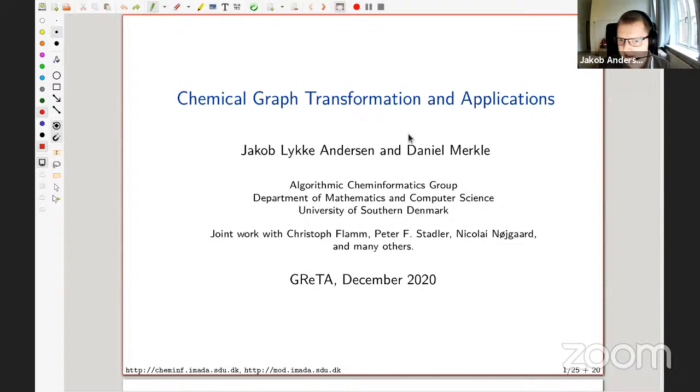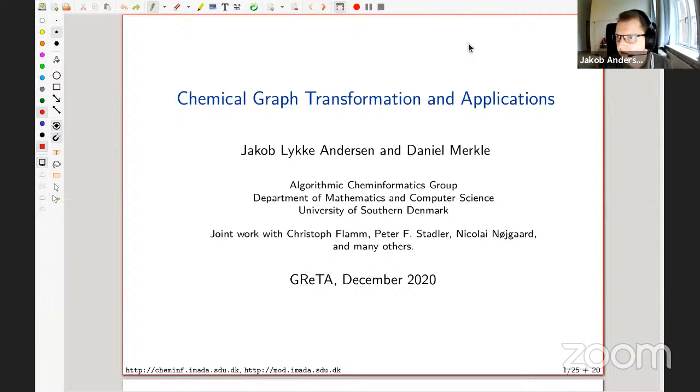As Reiko said, in the first half, I'll try to give an overview of our graph transformation system for chemistry. It's one ingredient among many that we use, but it's quite a fundamental one. In the last half, Daniel will show some higher level applications of this, what graph transformation actually enables us to do.